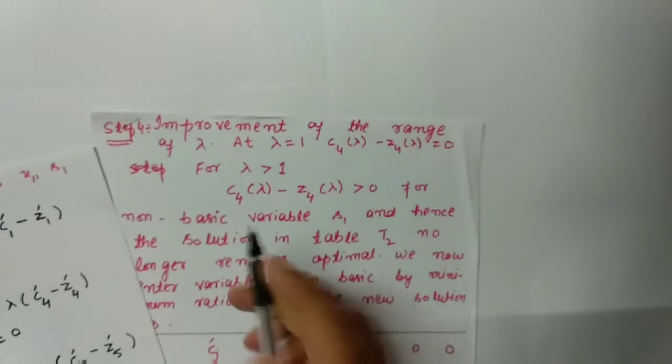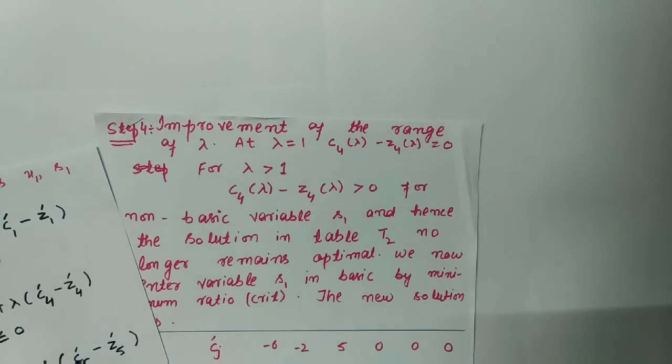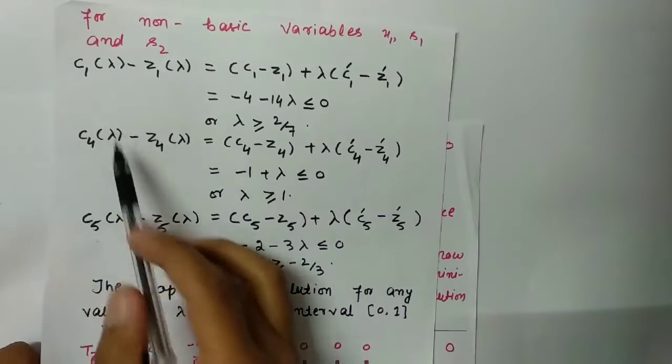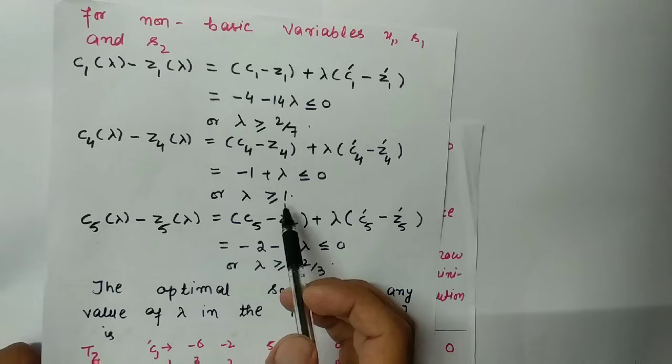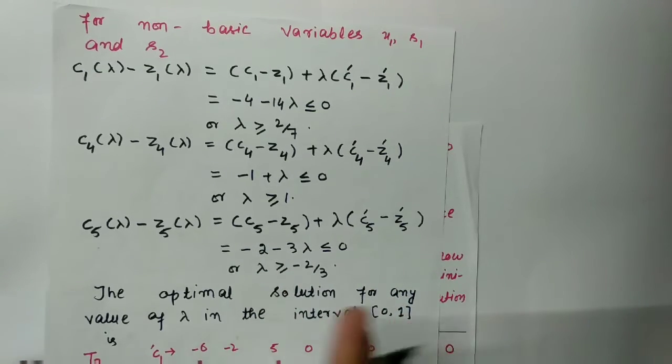No problem. But if I put lambda greater than 1, I will get C4 lambda minus Z4 lambda strictly greater than 0, which is against the optimality criteria.